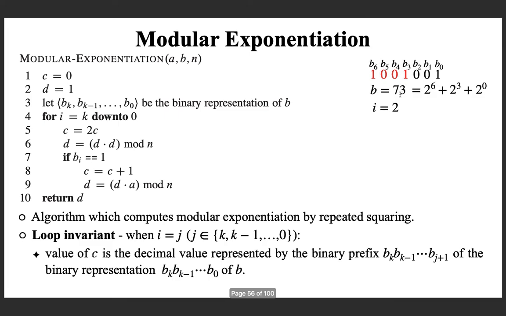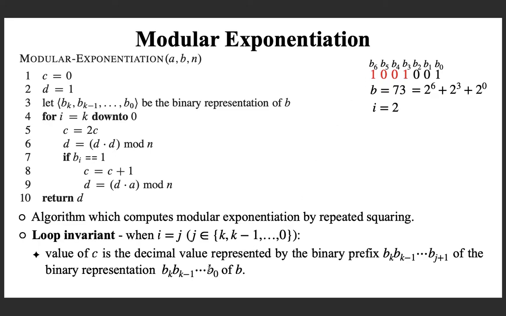And what is the statement? Now for that to understand, you assume that now the value of i is 2. That is, it started from k, it came down to 2. Suppose the value of i is 2. Then this statement claims that c, which is initially 0, c is nothing but the decimal value represented by this part of the binary string.